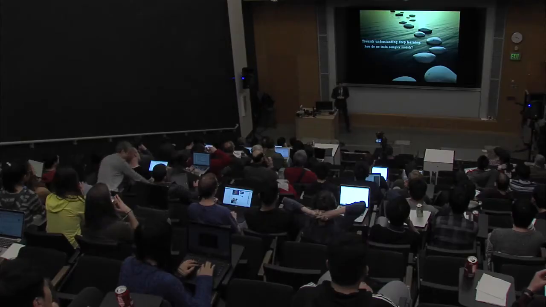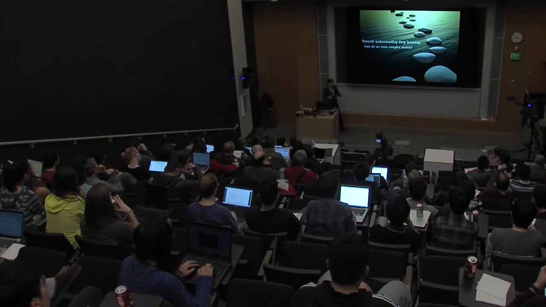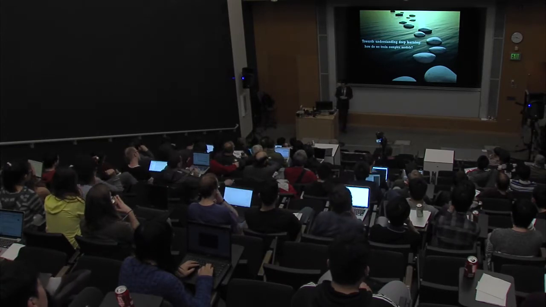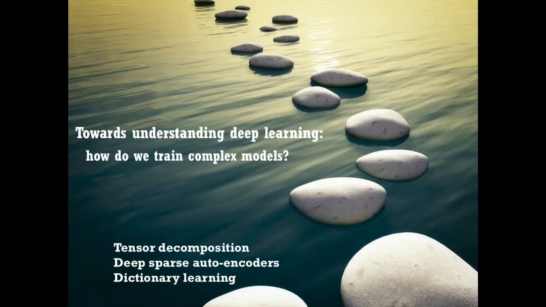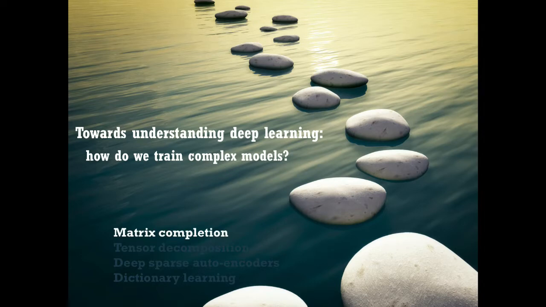Part of my research aims to understand the training aspects of deep learning, or, a little bit more broadly speaking, how do we train complex models using non-convex methods? Along this line, I have been working on several questions like dictionary learning, deep sparse autoencoders, and tensor decomposition. In this talk, I'm going to talk about matrix completion and the simplified versions of recurrent nets and deep nets.